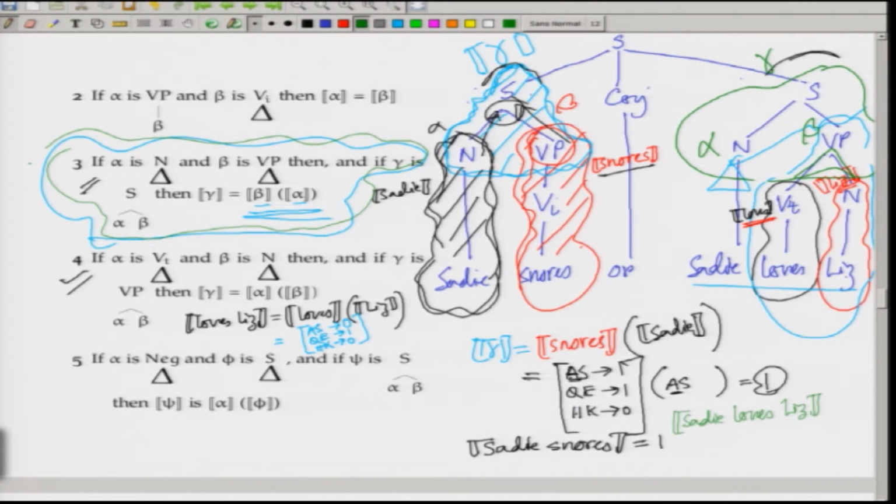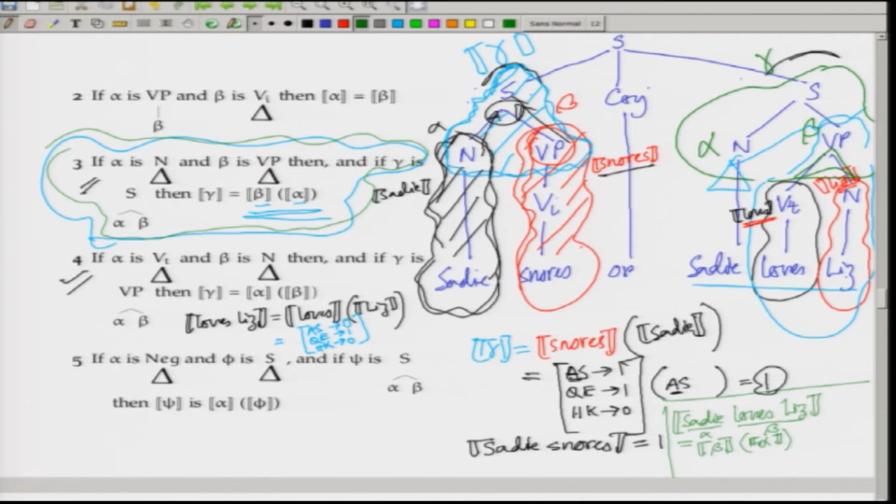Now, according to this rule, if all our conditions are fulfilled, then gamma is this entire thing, and the truth value of gamma is something we need to understand. So, this is alpha and this is beta, right. It will be the reference of beta, the function, and then the combination of these two and the reference of alpha, right.